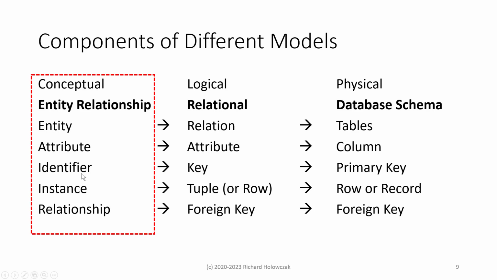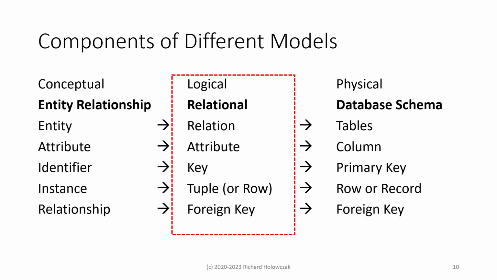When we convert to the relational model, our entities will become relations. Our attributes are also called attributes. The identifier of our entity will become the key of the relation. Instances will turn into what we call tuples or rows, and the relationships between entities will turn into foreign keys in our relational model.